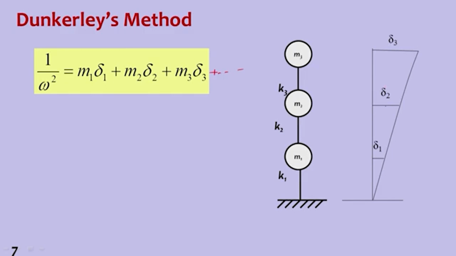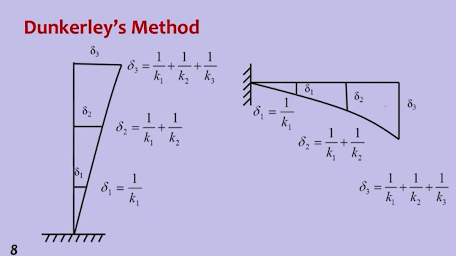There is K1 here, K2 here, K3 here. Delta 1 is 1 by K1, delta 2 is 1 by K1 plus 1 by K2, delta 3 is 1 by K1 plus 1 by K2 plus 1 by K3.